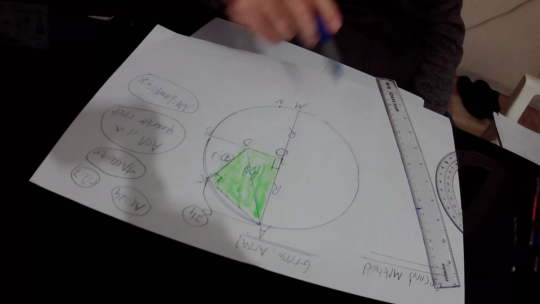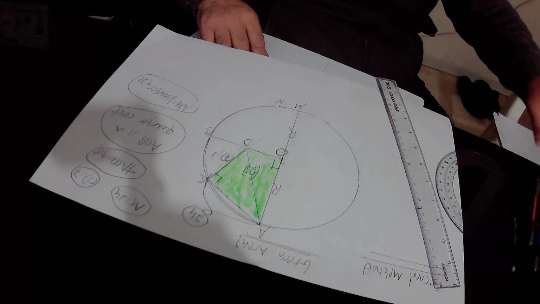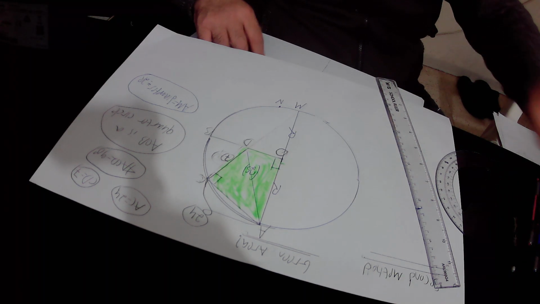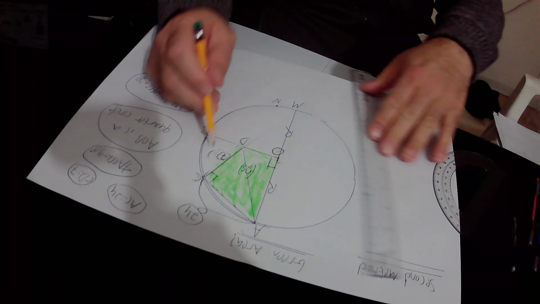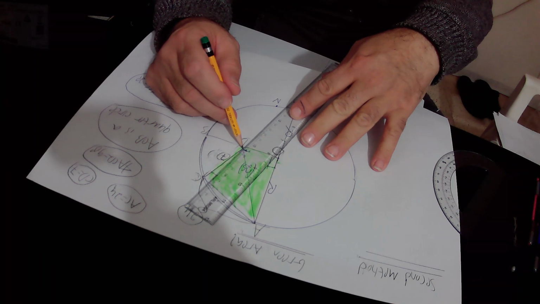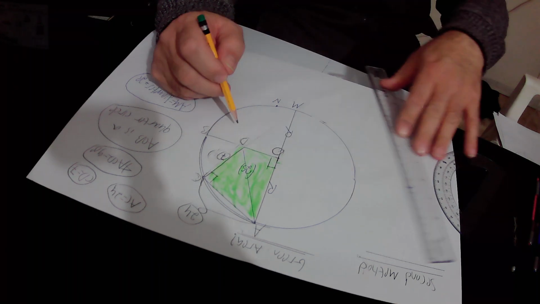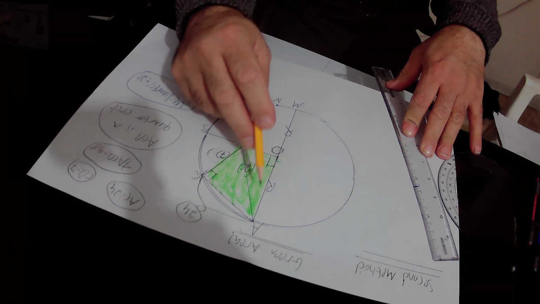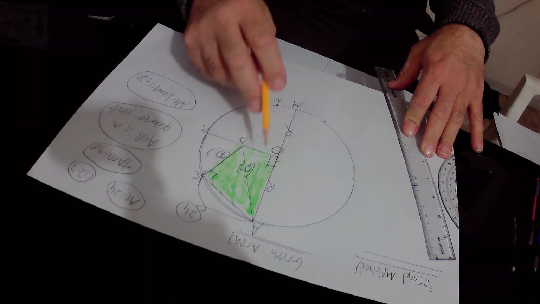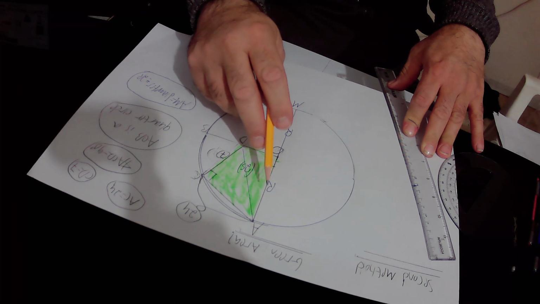So we will have here peripheral angle ACN that rests on chord AN, which is not the diameter of the circle. The diameter of the circle is AM.